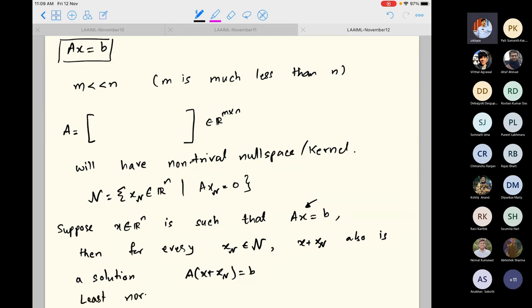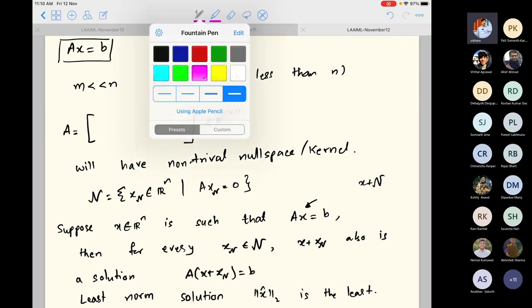Okay, least norm solution. So the least norm solution means that I want a solution x hat to this least squares problem such that its norm is the least, right? So amongst all the solutions that I have, you look at this particular solution space, all the solutions to this problem Ax is equal to b.